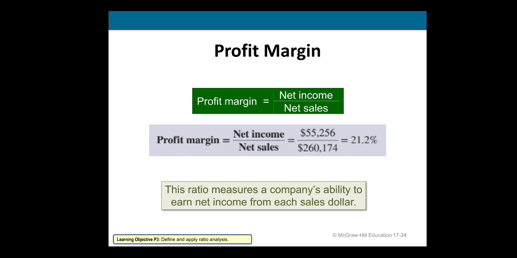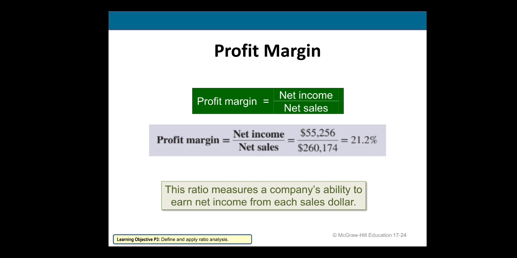Okay, this ratio can be calculated for a sole proprietorship service business. The formula is net income over sales. For the sample income statement and balance sheet that we use in this topic 6, the profit margin ratio equals net income 55,256 divided by net sales 260,104, equal to 21.2%.